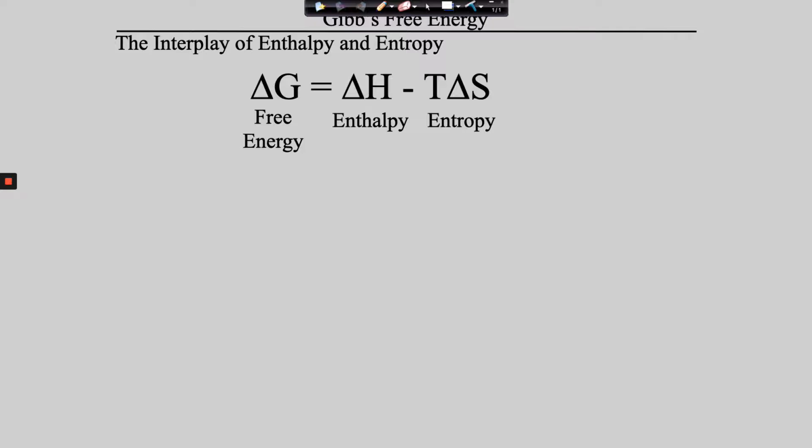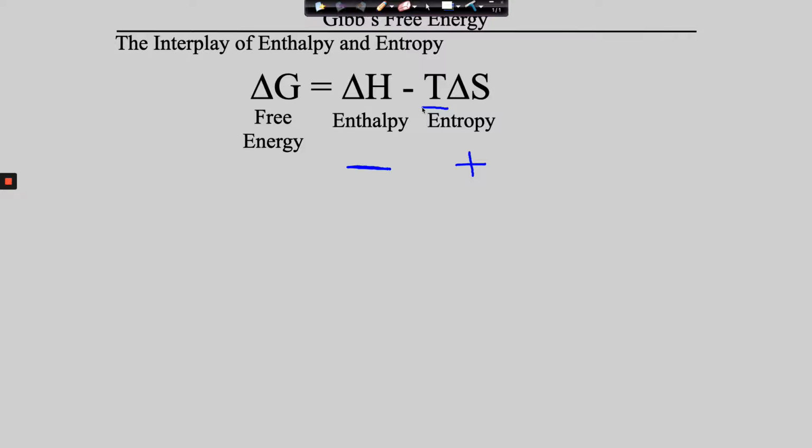And the idea is this. If you have a reaction that has a negative delta H value, does that tend towards spontaneity? Yes. If you have a reaction that has a positive delta S value, does that tend towards spontaneity? Yes. But now, do the math. What is T?